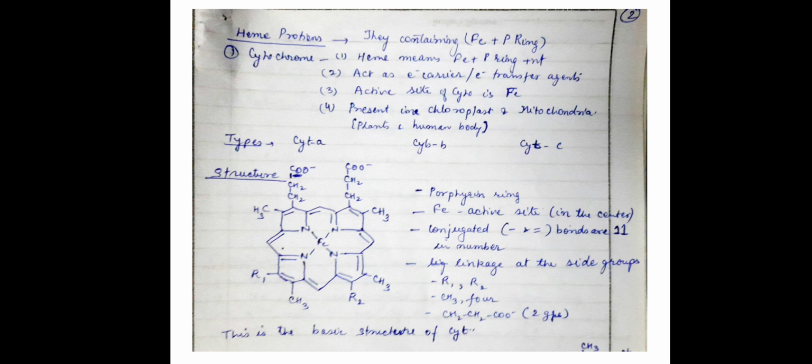It is iron. Active site means the one in the center, which reacts or activates first in this complete porphyrin ring. The third point of this porphyrin ring is that single and double bonds are 11 in number. If you count the conjugated double bonds, they are 11 in number, in all the rings.